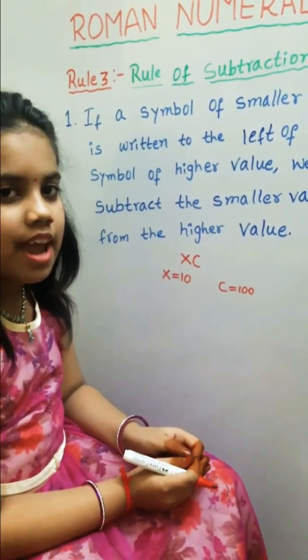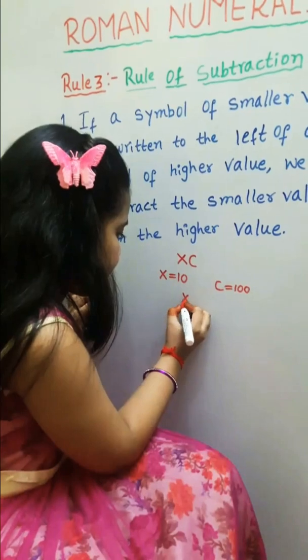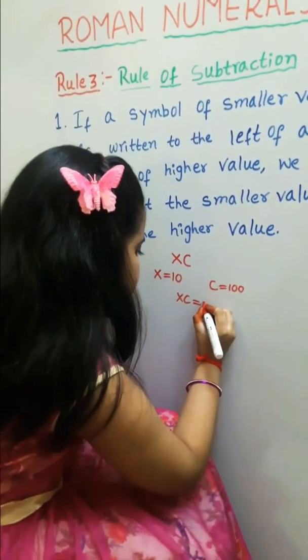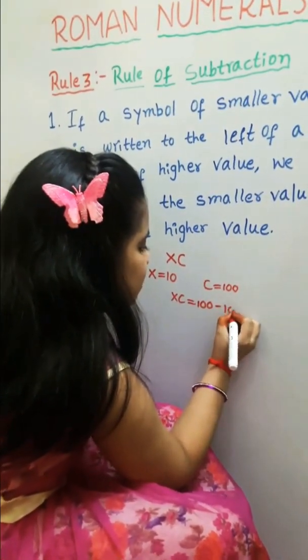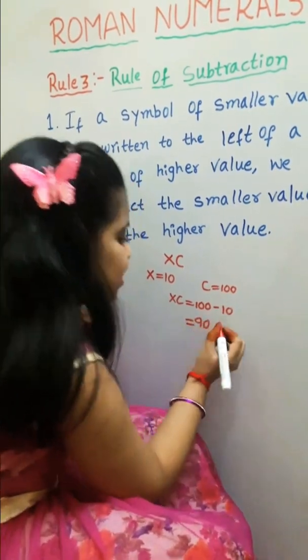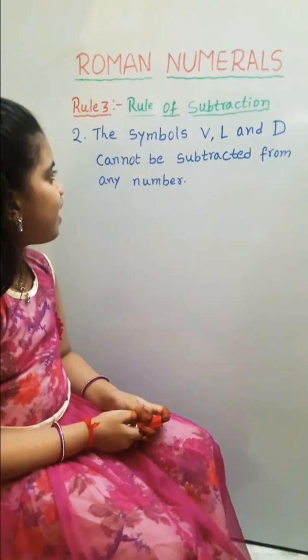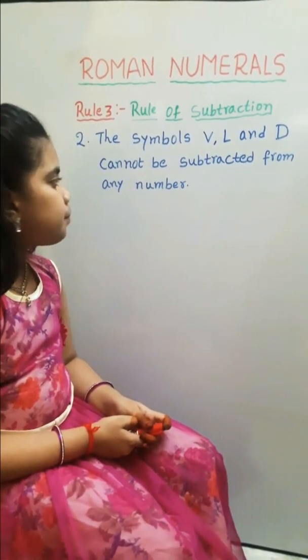By this rule, we have to subtract these two numbers. XC is equal to 100 minus 10 is equal to 90.